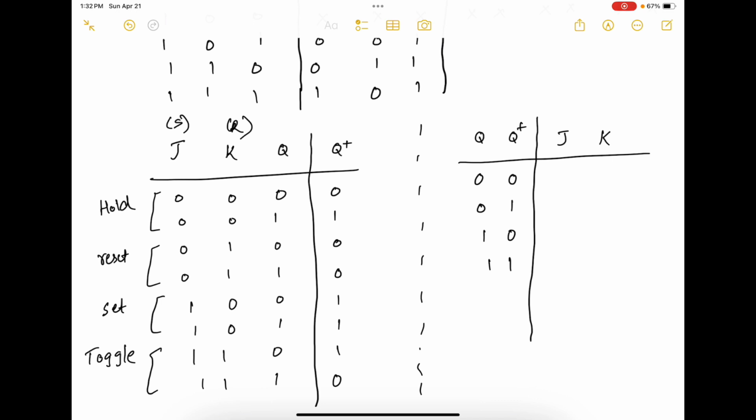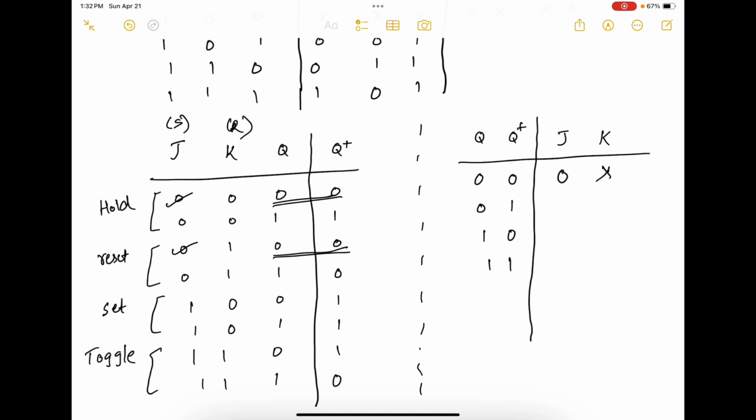Same for the other combinations. So when Q is 0 and Q plus is also 0, which is this combination and this combination, J is definitely 0 because J is 0 here and J is 0 here. It doesn't really matter what the value of K is, so we put a don't care.